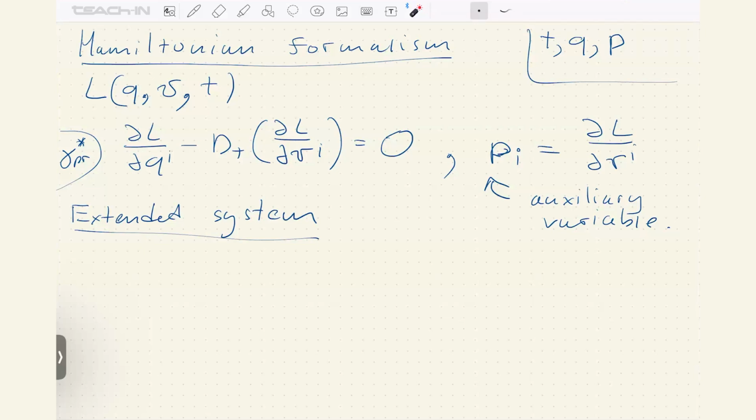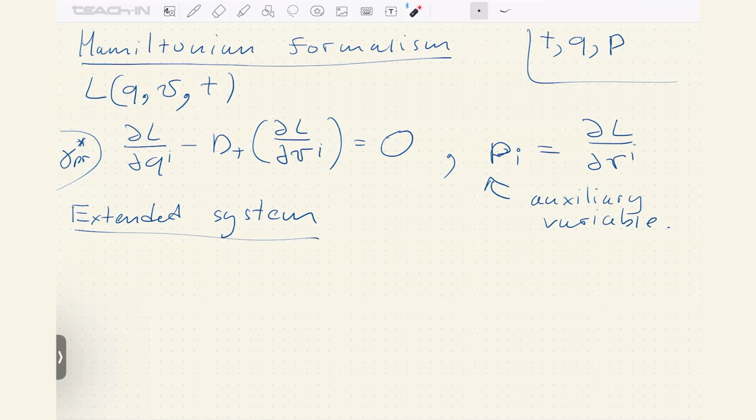Okay, perfect. So we have a new formulation of our system by a different system of equations on a different space, but equivalent. We call it equivalence through auxiliary variables. We can always eliminate it because one of our equations tells us that this variable p just equals something depending on the remaining variables. So the extended system and the initial system are equivalent in the sense of elimination of auxiliary variables.